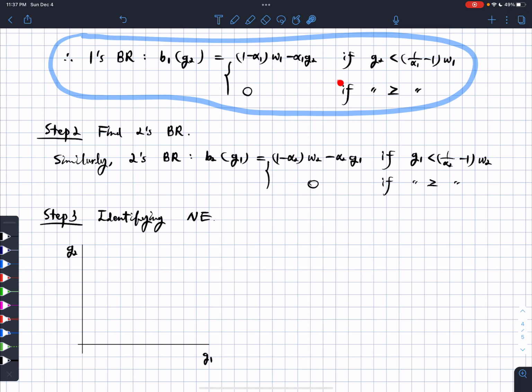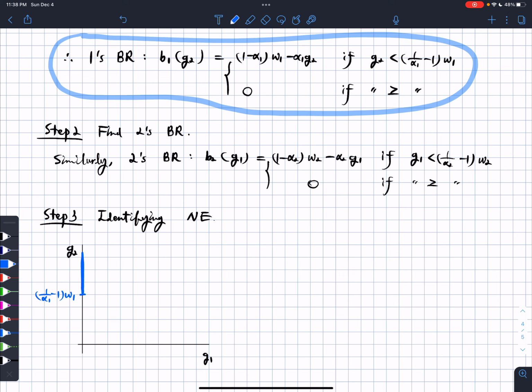And when G2 is too large, exceeding this value, then optimal G1 will be 0. So if I put this intercept somewhere here, it is like this, okay? Once G2 is above this threshold, then player 1's best response will be just 0. So I will have this vertical part.